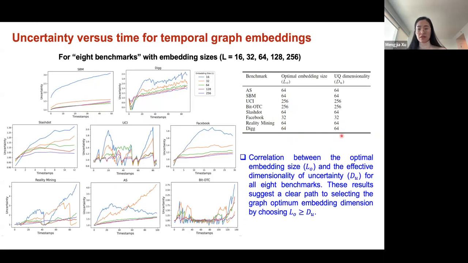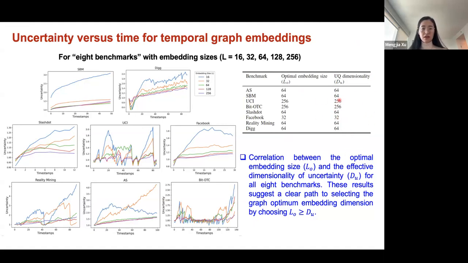And this dimensionality we obtained from this figure based on the uncertainty quantification results. So this is our main finding of this paper: we want to find the optimal embedding size, guided by the uncertainty quantification on dimensionality.